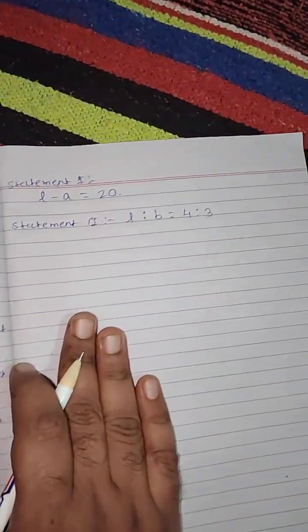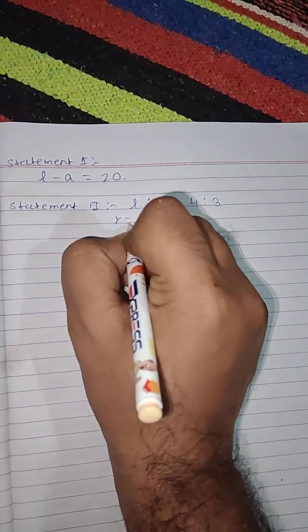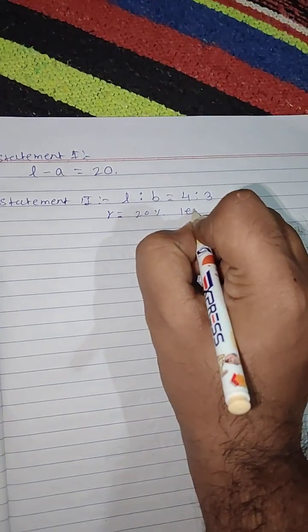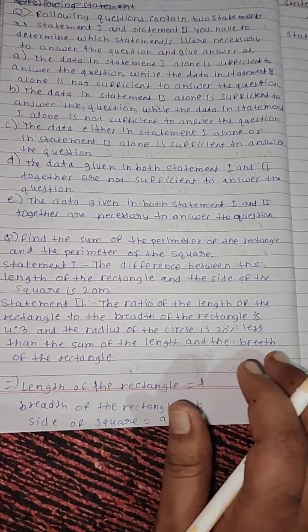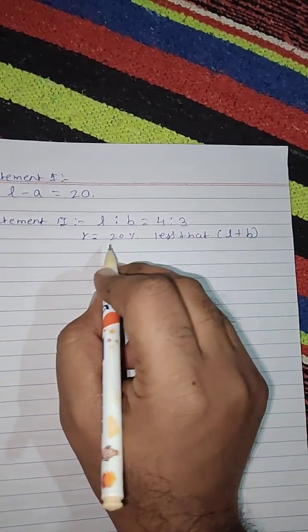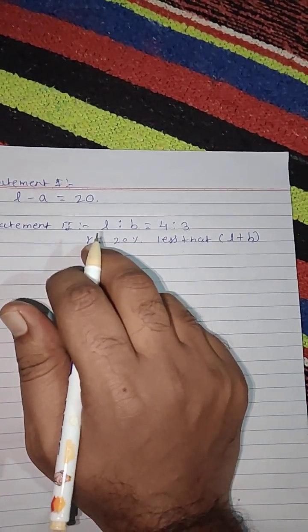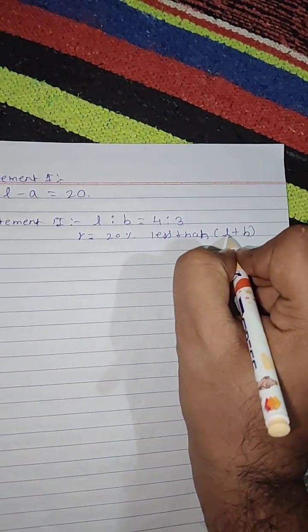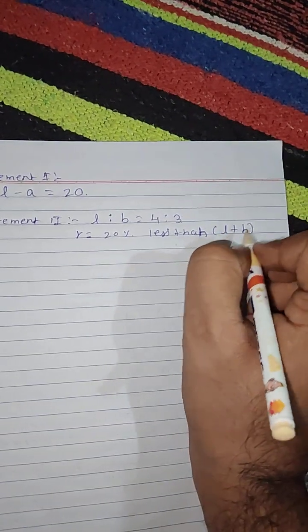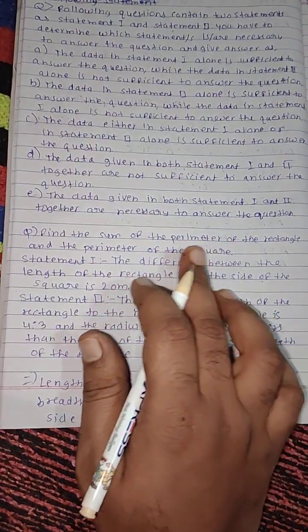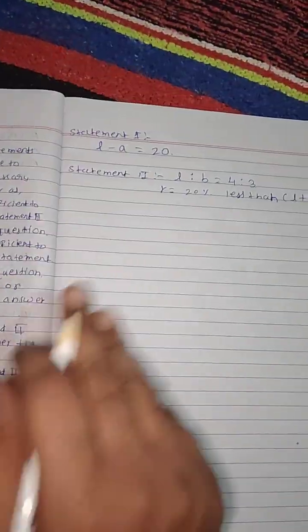So they have assumed one circle whose radius is r, and it is 20% less than the sum of the length and breadth of the rectangle, which will be L plus B. So we will know from statement 2 whether we will be able to find the sum of the perimeter of the rectangle and the perimeter of the square. We'll just assume now.